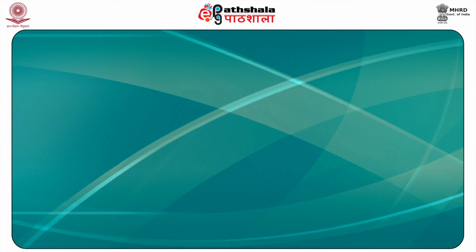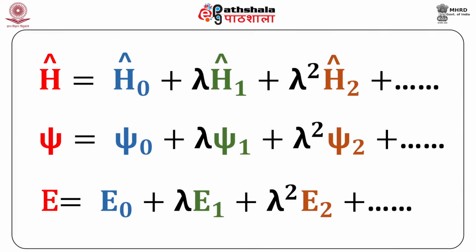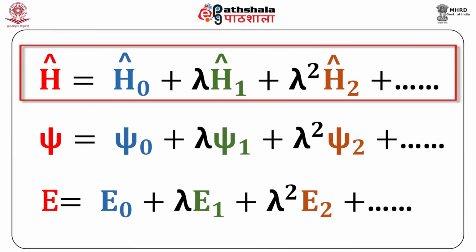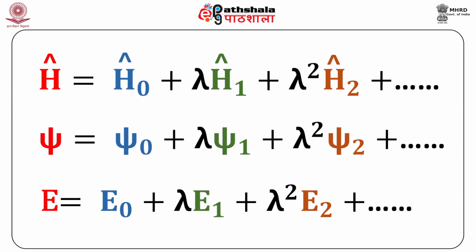unperturbed problem. So you can see here that the exact Hamiltonian H cap can be written as a sum of these terms: H0 cap plus lambda H1 cap plus lambda square H2 cap. These are the various terms in the Hamiltonian equation.